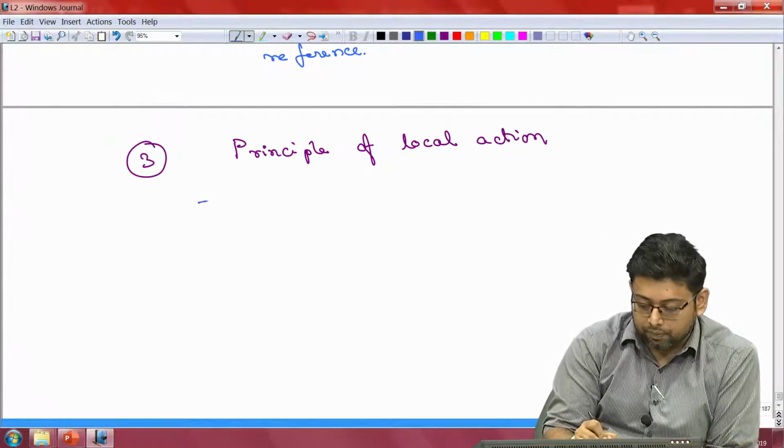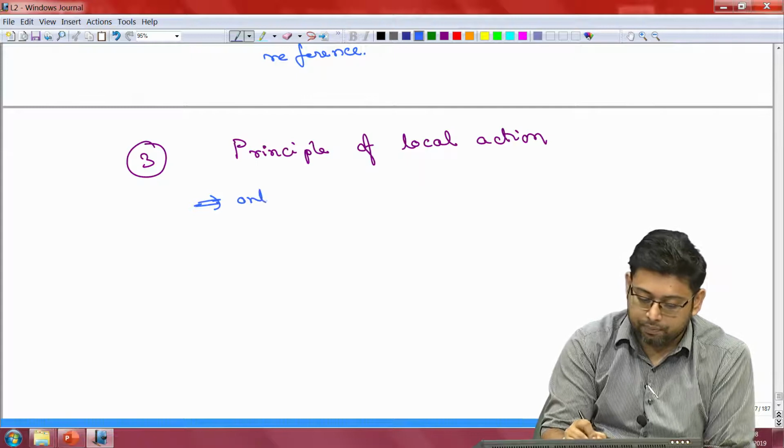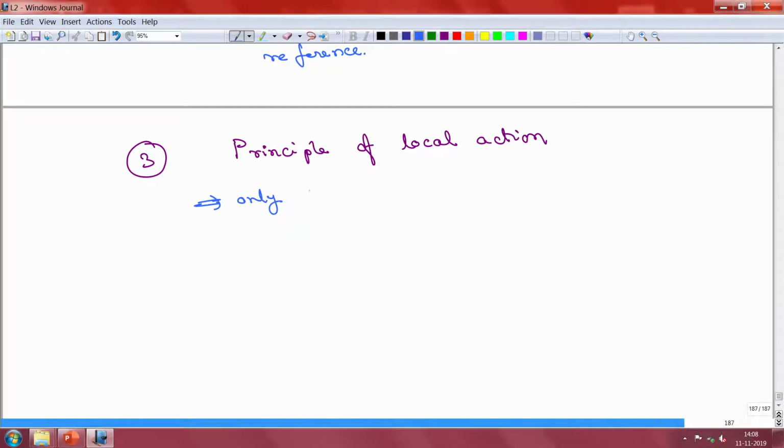Okay. So, it says that only particles near a point.